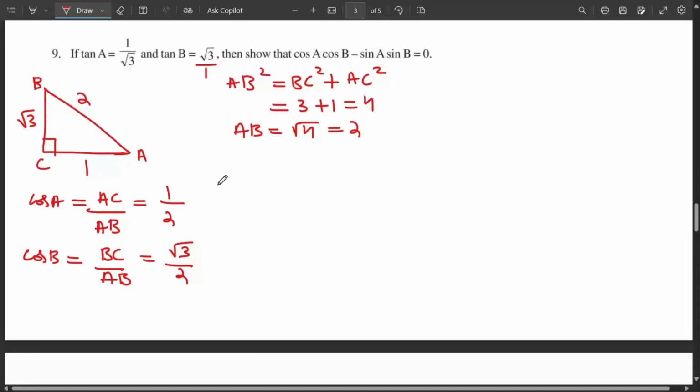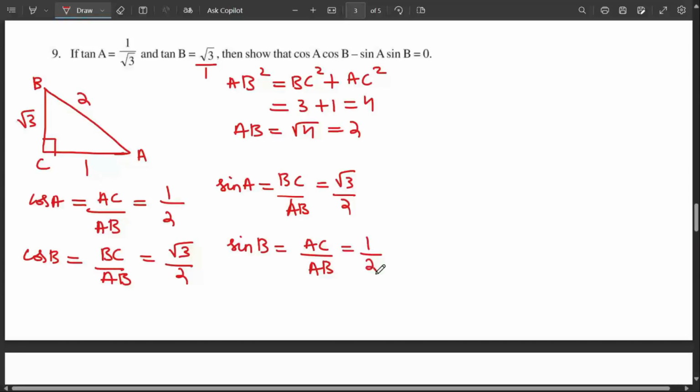Then sin A, which is equal to opposite side BC divided by the hypotenuse AB. So BC is equal to square root of 3, AB is equal to 2. Then sin B, which is equal to the opposite side AC divided by the hypotenuse AB. AC is equal to 1, AB is equal to 2.